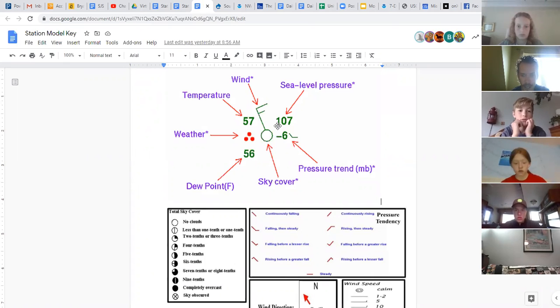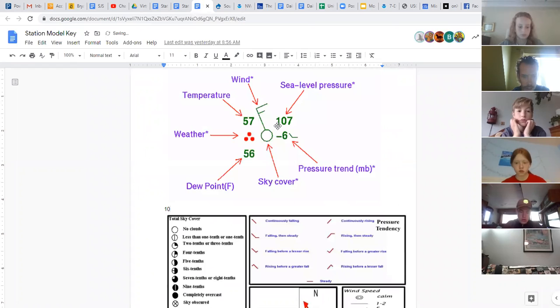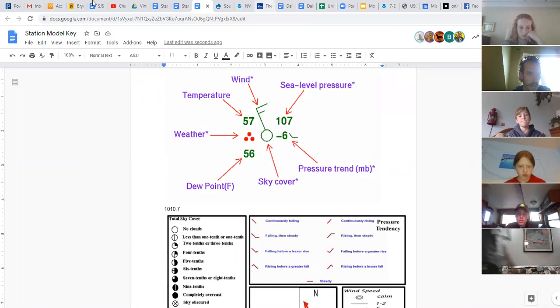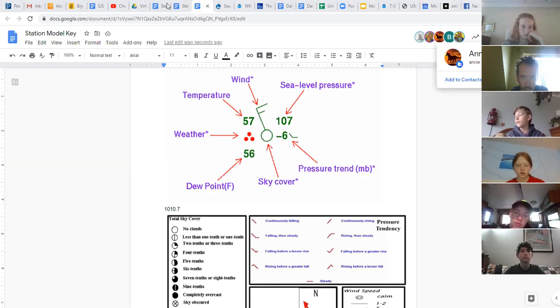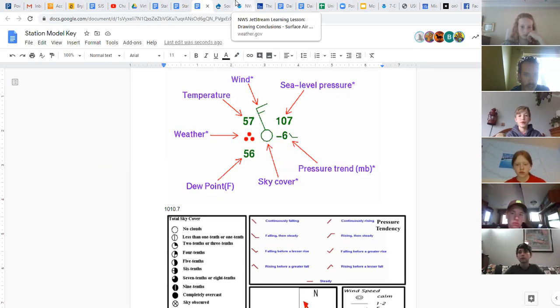So this example here is 107. I would type 107, place a decimal point between the second and third, and then I would write a 10 in front because that falls between 960 and 1040. Good questions.